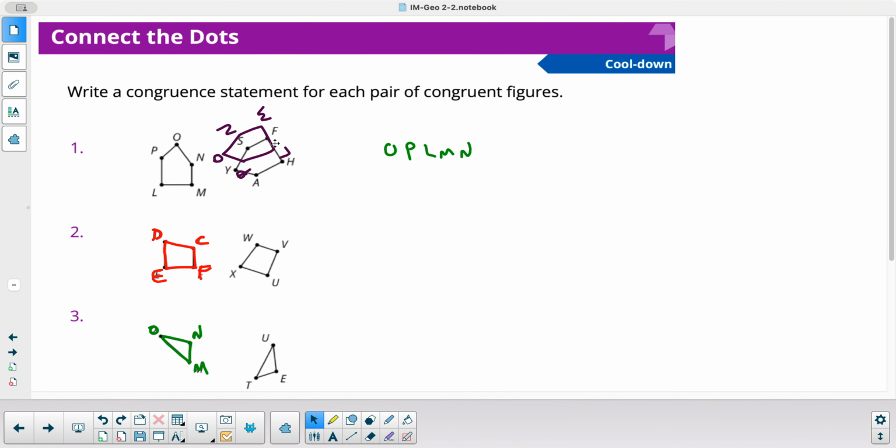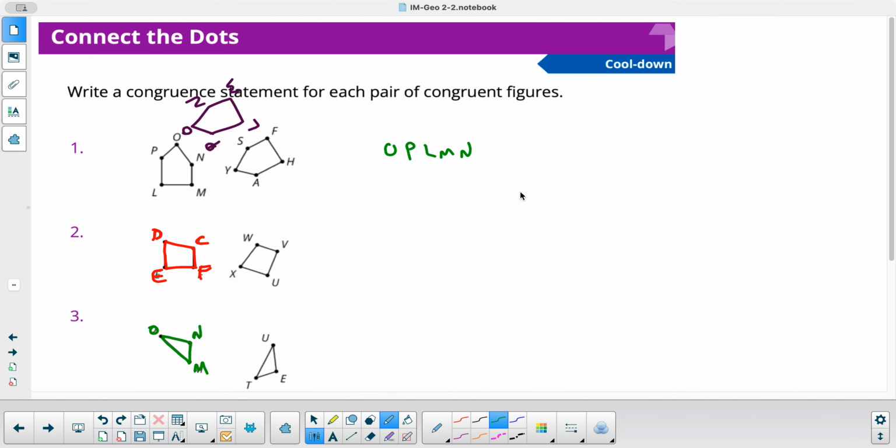But then they all have to match up. So I went O, P. So I'm going to go Y, A, and I'm going to go around that way. So it's going to be congruent to Y, A, H, F, S.